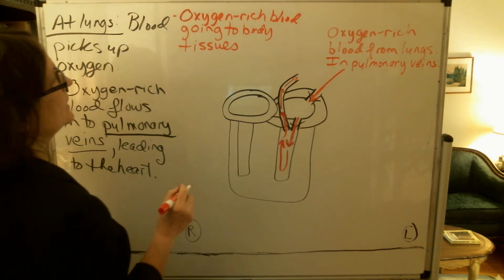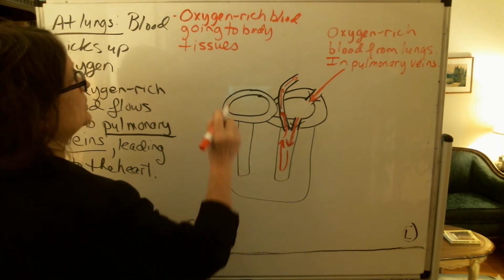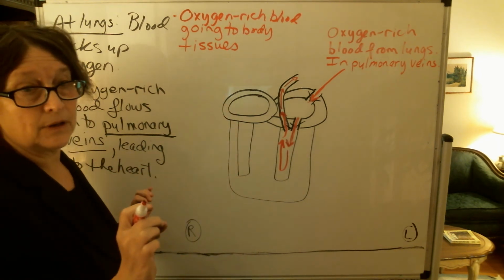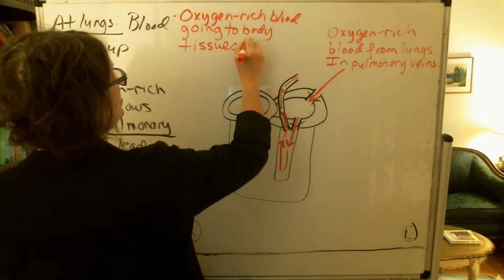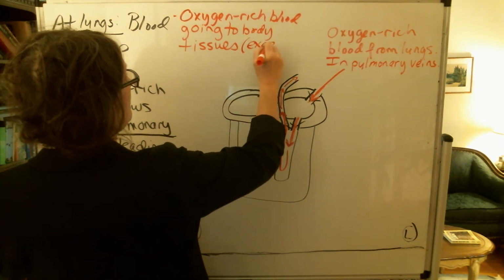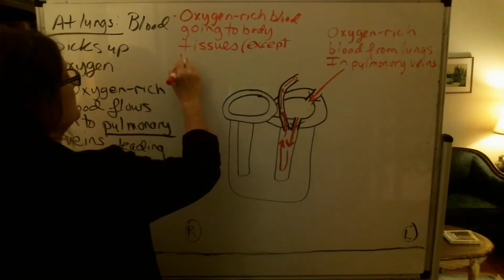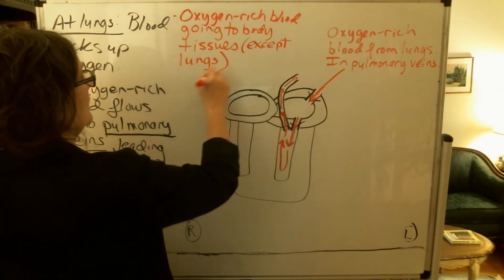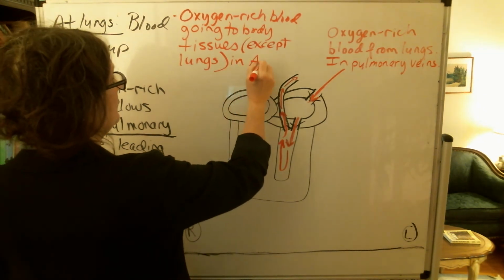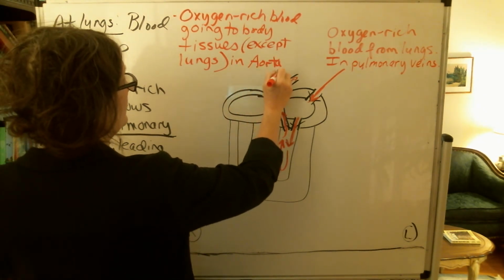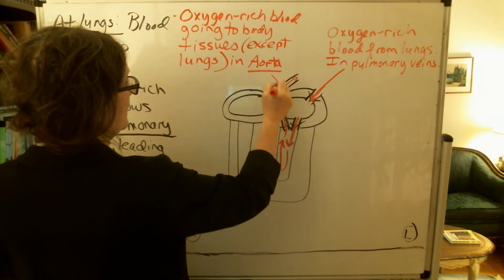We are now getting the oxygen-rich blood that will bring oxygen to all of your tissues, except the lungs, of course. So oxygen-rich blood going to the body tissues, except the lungs. And the name of this big artery now is the aorta.